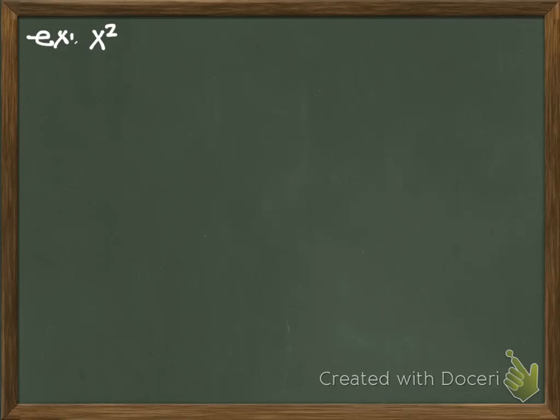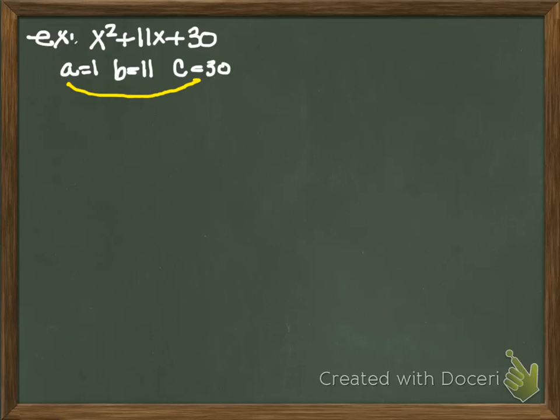Let's try x squared plus 11x plus 30. Let's write out the coefficients. a equals 1, b equals 11, and c equals 30. Next, we're going to multiply a times c, which is 1 times 30. 1 times 30 is 30.